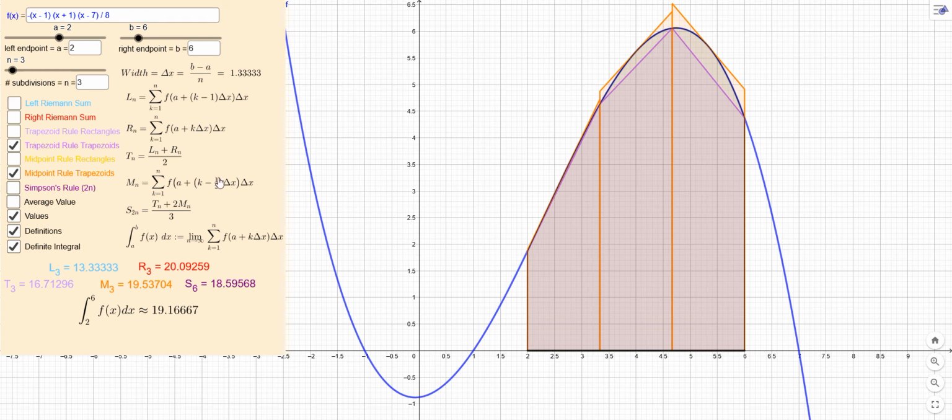So we're going to take the trapezoid rule plus 2 midpoints and divide by 3, and that's going to give us an estimate that we call Simpson's rule. Now notice, the way I think of Simpson's rule is still 3 intervals, but we're taking information from both the left and right to get the trapezoid estimate and from the midpoint to get the midpoint estimate, and then we're working that together.